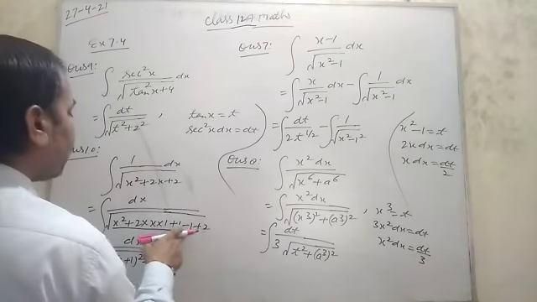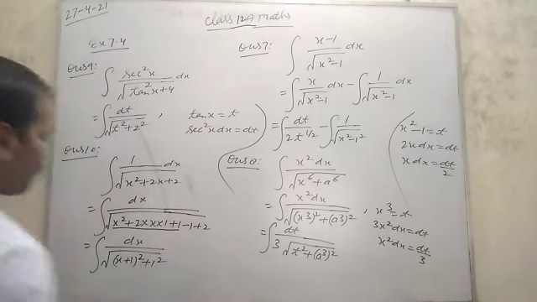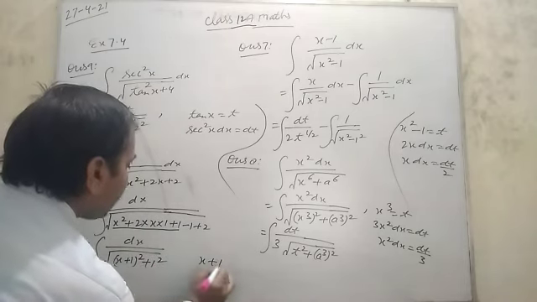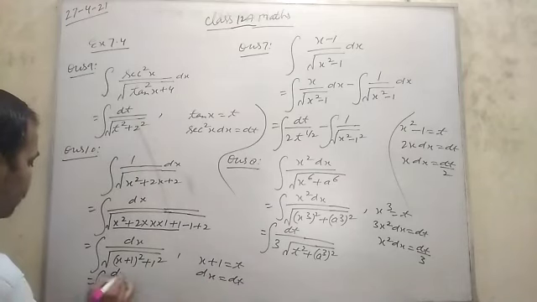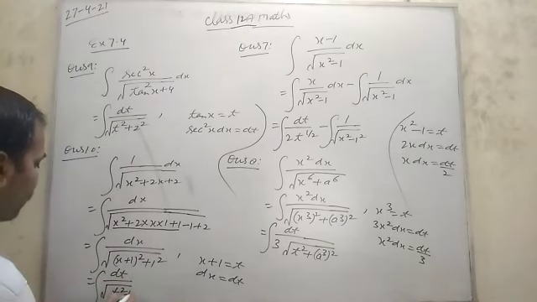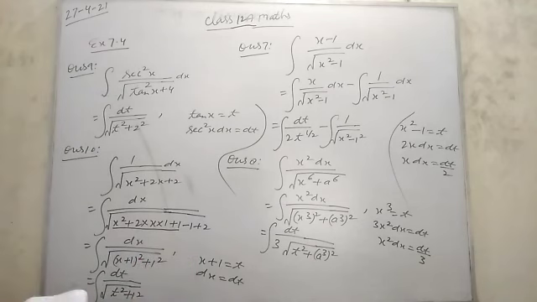Okay. And here minus 1 plus 2, minus 1, 1. So plus 1 square. Then suppose x plus 1 is equal to t. So dx is equal to dt. So this will be dt upon under root t square plus 1 square. Apply formula. Okay. And then putting t value, that will be answer.